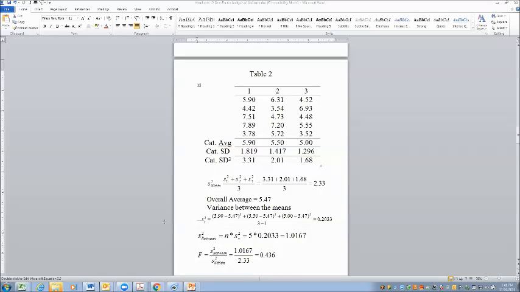Okay, so let's look at our StatCrunch example here. And I am going to take these values and I'm going to copy them over to StatCrunch.